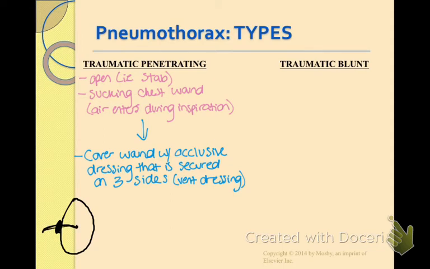So you breathe in and you're pulling air in. And then when you breathe out, you push that air back out. So you breathe in and out, in and out, and you're pushing that air in and out. So it's that sucking chest wound.